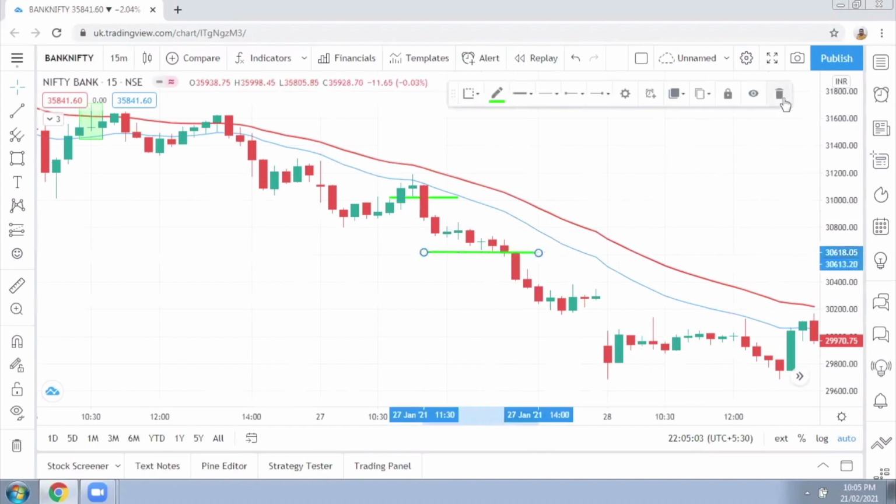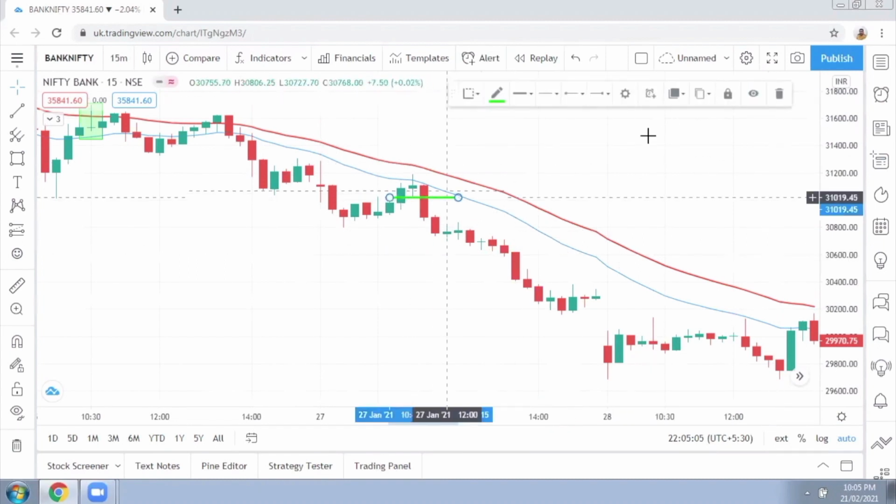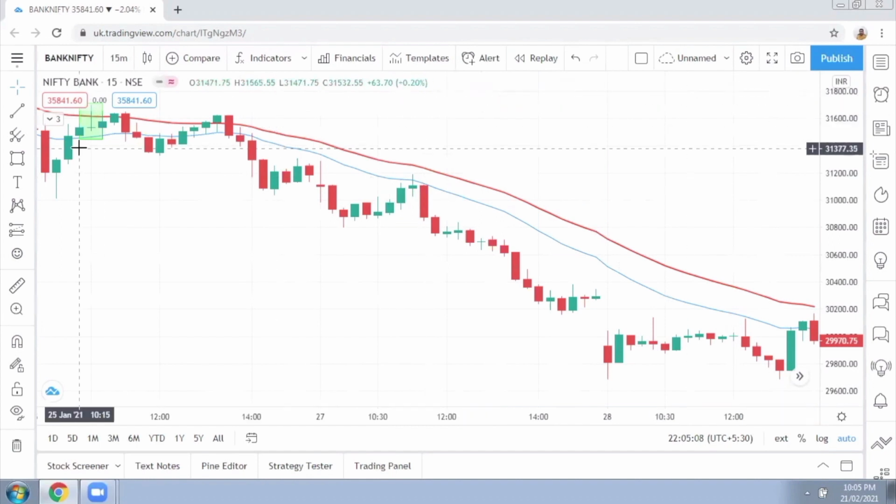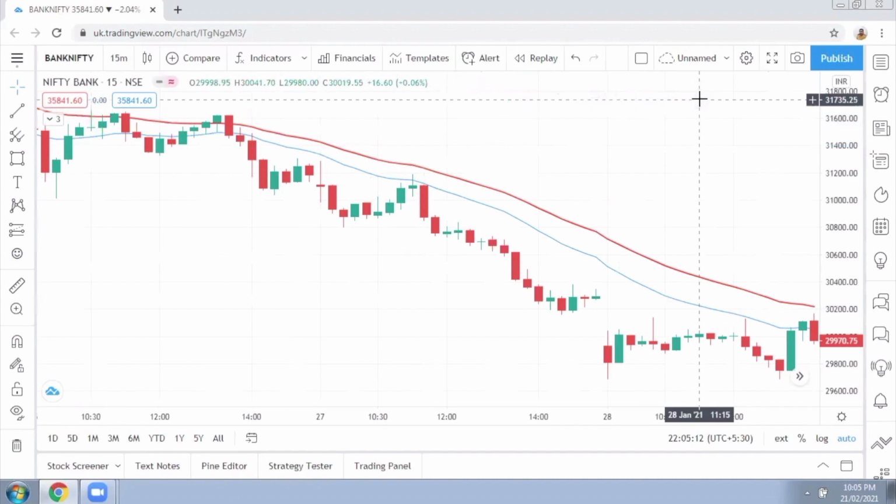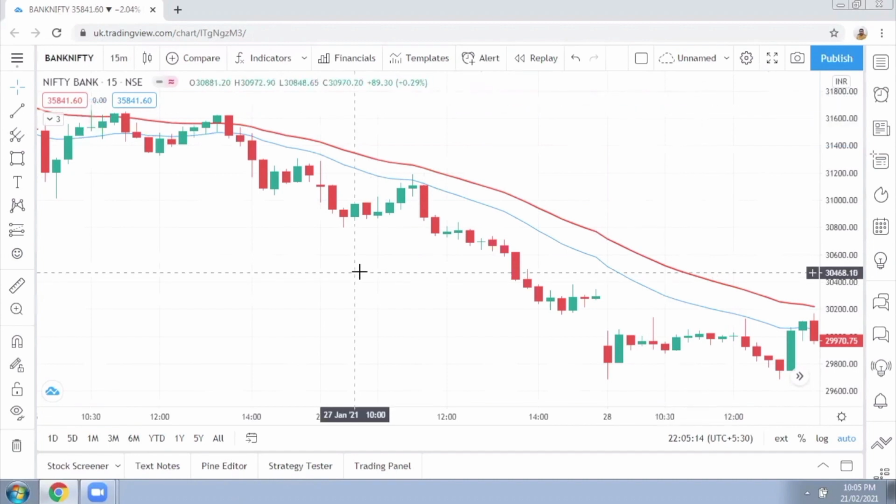So this is one of the strategies I'm using for Bank Nifty intraday trades. There are many more strategies which we can use, and I'm not saying that this is the best one.